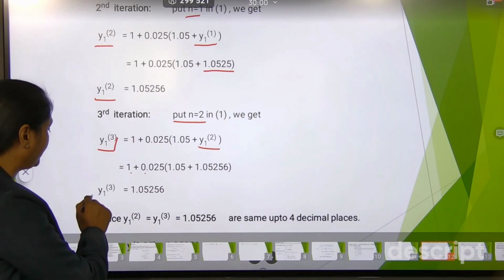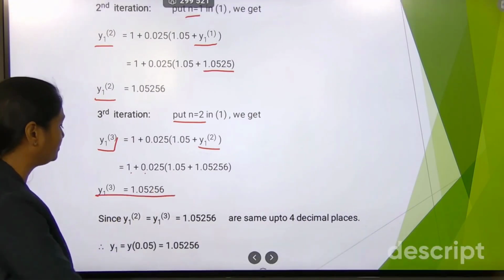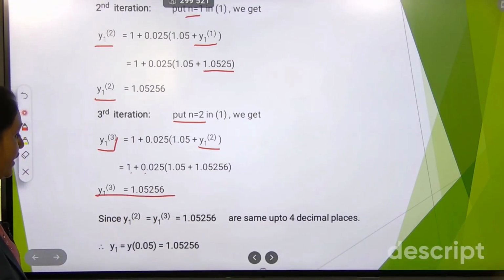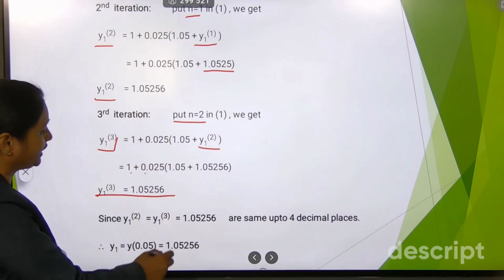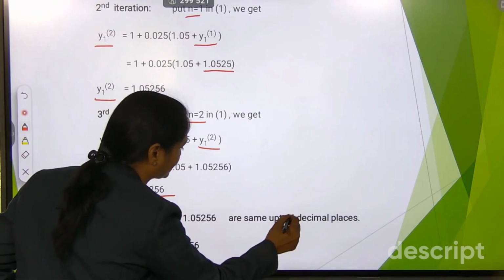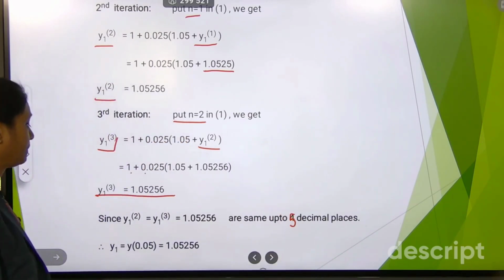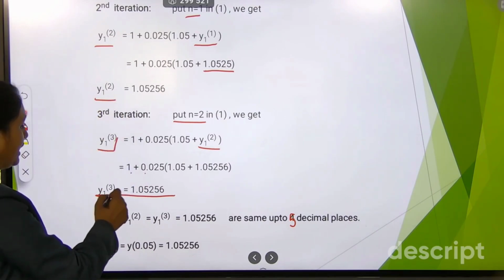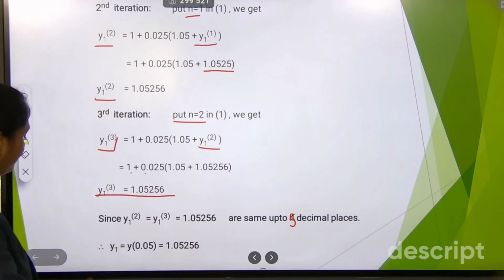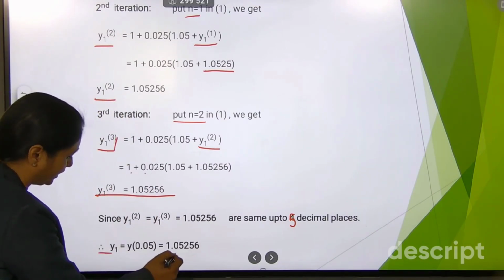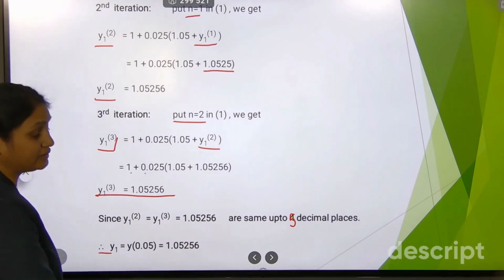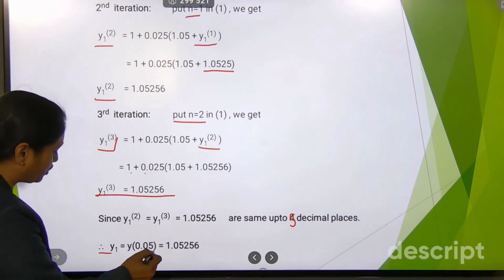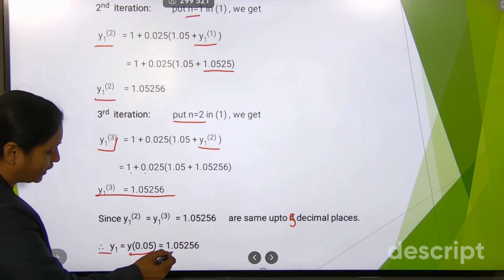Simplifying, we get y1 3 is equal to 1.05256. Now these values, y1 2 and y1 3, are correct up to 5 decimal places. So our final value of y1 is 1.05256, that is, y of 0.05 is 1.05256.